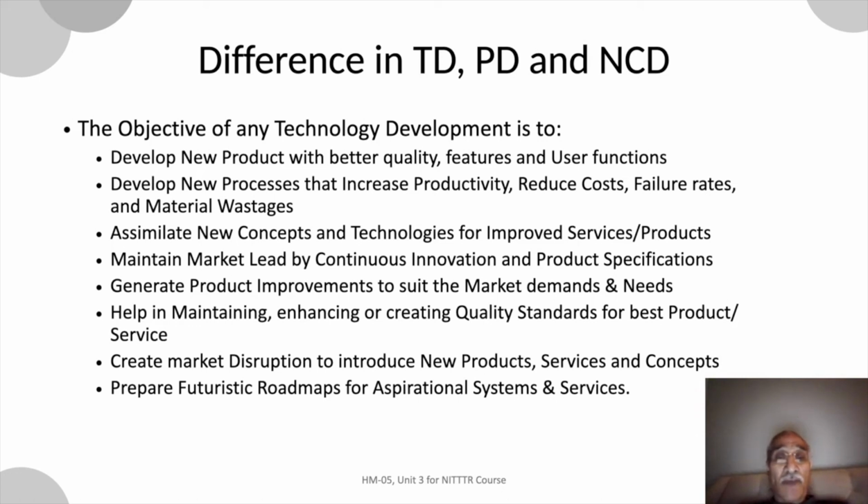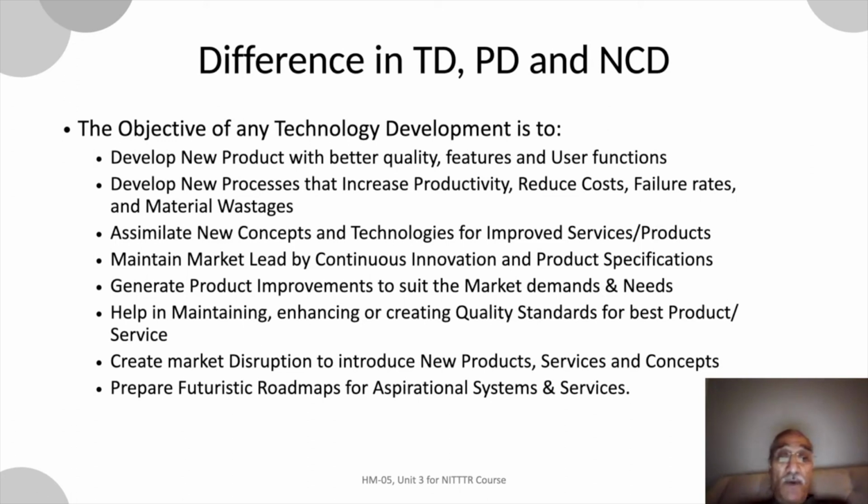Reducing cost is either through mass production or through improvement in the material or the subsystems that we use and how they can be made cheaper, or improving labor costs, or decreasing the failure rates in the final tested product, because the number of failures of the final product ultimately makes the cost of the overall supply chain better. And also the material wastage per production makes the cost of production less.